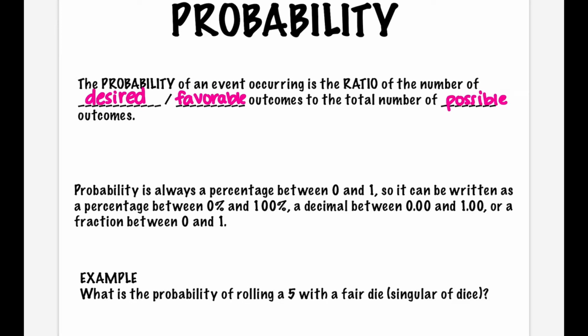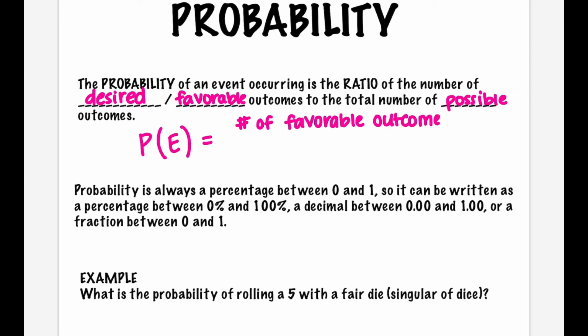So in shorthand, if we were going to write this in mathematical terms, the probability, P, of an event, E, is equal to the number of favorable outcomes over the number of possible outcomes.